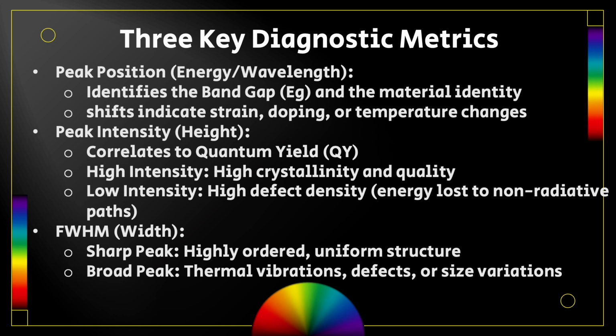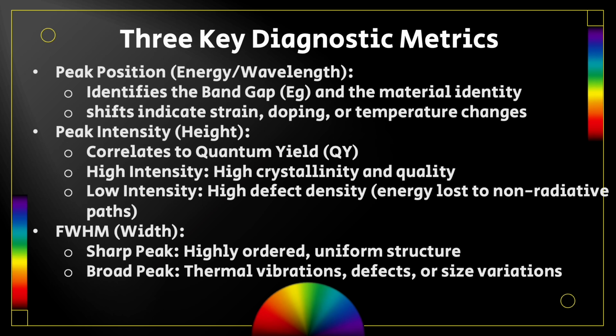When we look at the resulting spectrum, we aren't just looking at a pretty curve. We are analyzing three specific diagnostic metrics: peak position, peak intensity, and full width at half maximum. First, let's look at peak position. The position of the peak on the energy scale corresponds to the material's band gap.